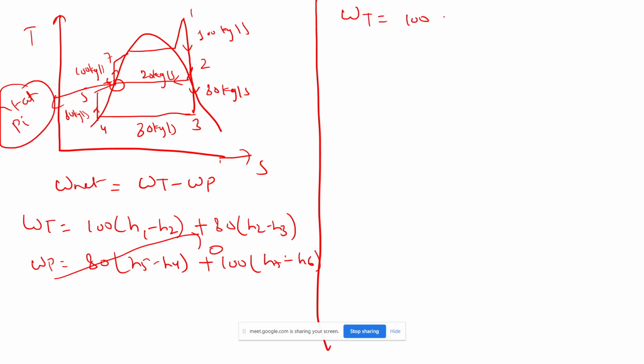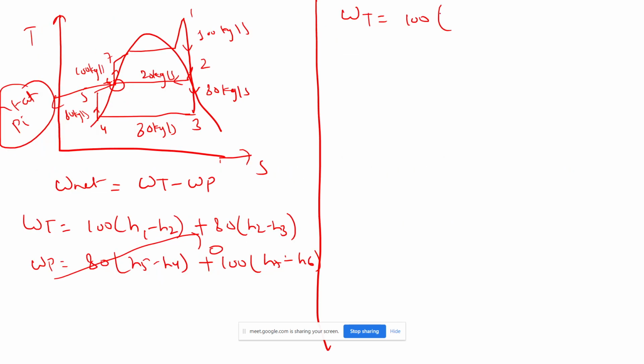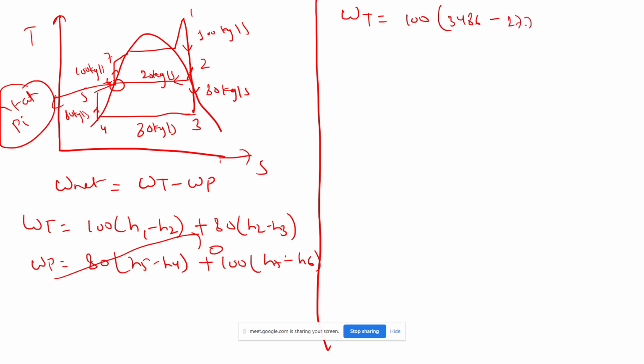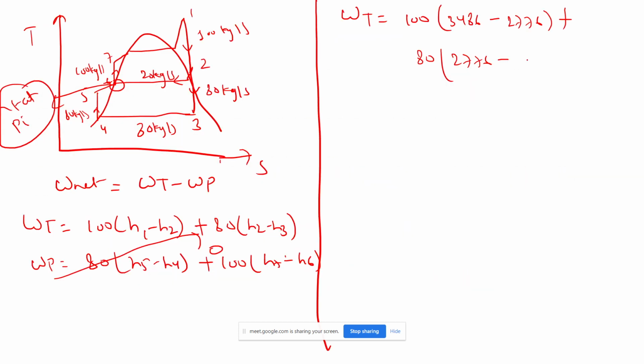So 100 into H1, which is 3486, minus 2776, plus 80 into 2776 minus H3.